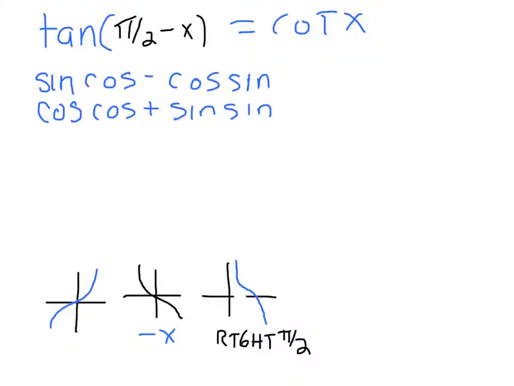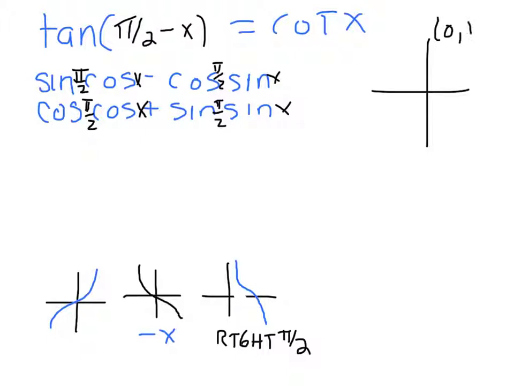And now I've left myself not enough room, so I will just squeeze them in. This is pi over 2, and this is x, and pi over 2, and x, and pi over 2, and x. And we've got a lot of pi over 2's, so let's put that point, that's 0, 1.